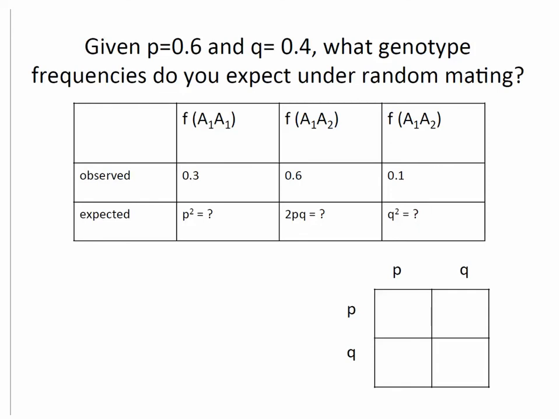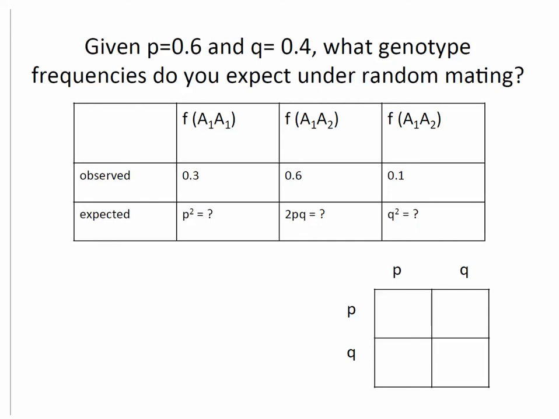Then you can ask what the expected would be from this equation. We can calculate the frequency of the A1 allele, which would be 0.3 plus 1/2 of 0.6, or in other words, 0.6, and we can calculate the frequency of the little a allele, which is 0.1 plus half of the heterozygotes, 0.3, so that's 0.4.